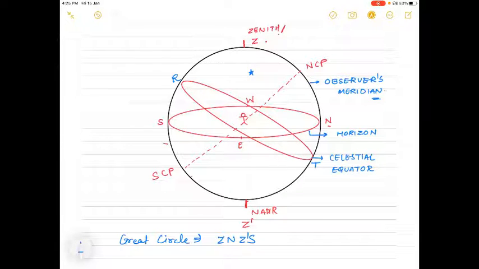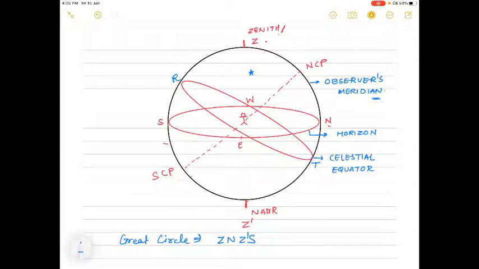This star will follow a certain trajectory. It has a diurnal motion. In a period of 24 hours, it is rising and setting from the observer's perspective.